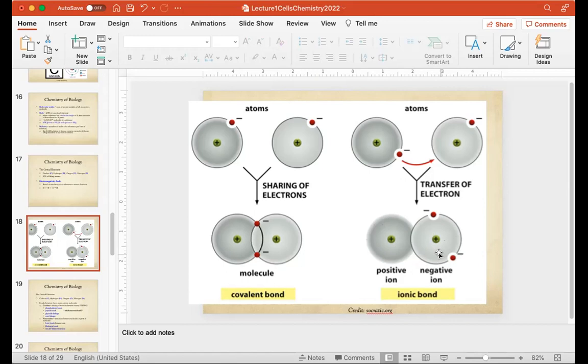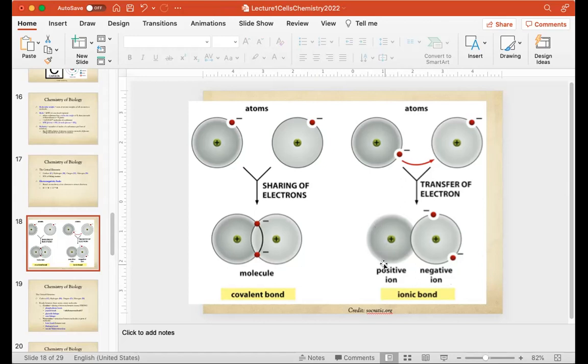Electrons have charge associated with them, negative charge. So this atom got more negative charge, and we now call it a negative ion or an anion. This one lost negativity when it lost its electron. So it became less negative or more positive.